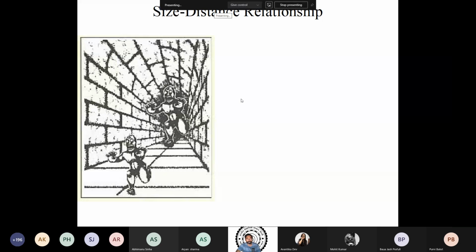Yeah, tell me. Sir, I want to explain it this way: if there are two persons standing at a distance in a line and a picture was taken in reality, then the person who was standing closer would have been seen much bigger in size than the person who was behind.